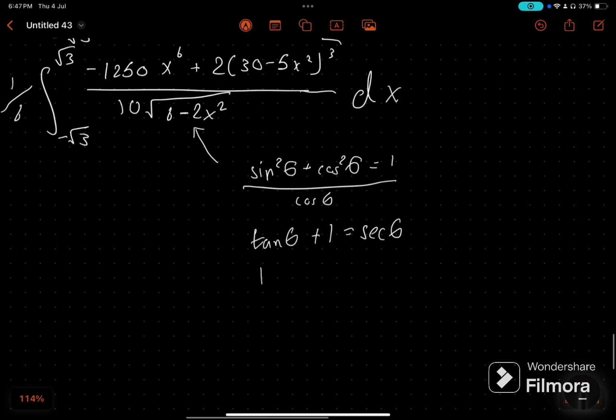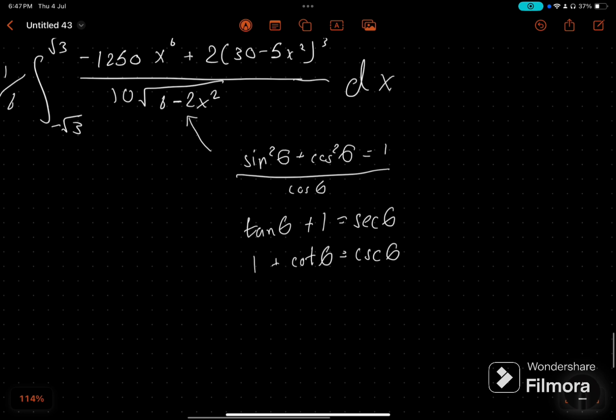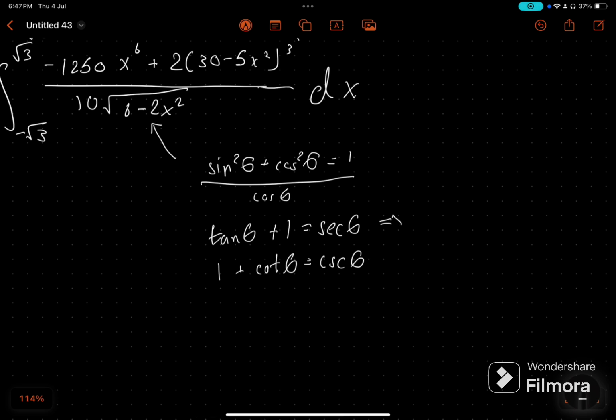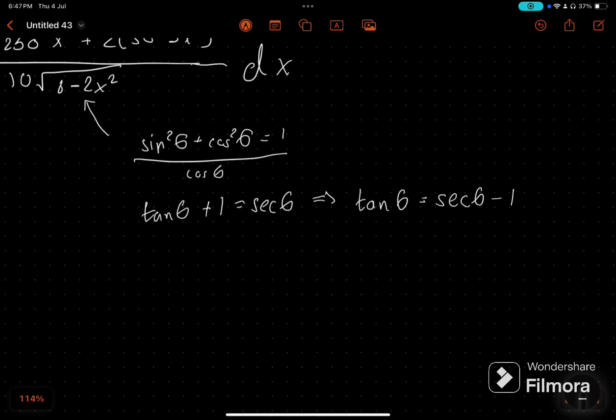Or we have 1 plus cotangent squared theta equals cosecant squared theta. So we can have tan theta here, we can use this. Tan squared theta equals secant squared theta minus 1. And we need something with 1 minus secant, so we can have minus tan maybe.